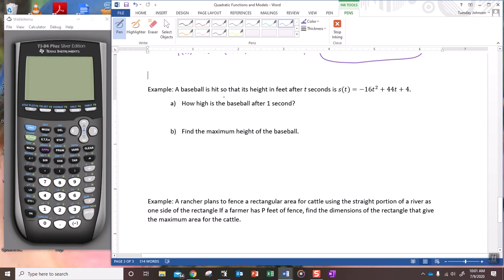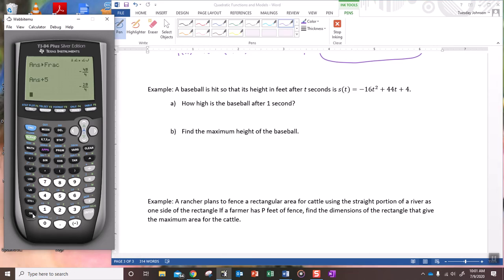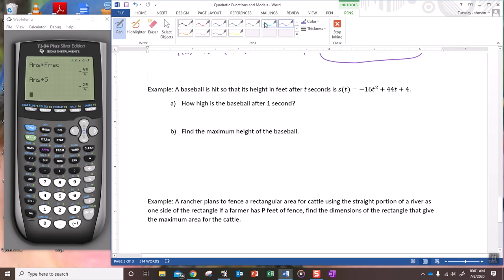A baseball is hit so that its height in feet after t seconds is given by s of t equals negative 16 t squared plus 44 t plus 4. How high is the baseball after 1 second? Let's evaluate this by hand.